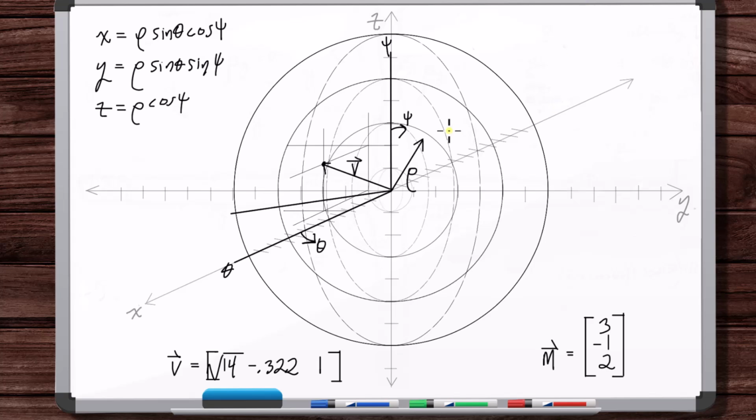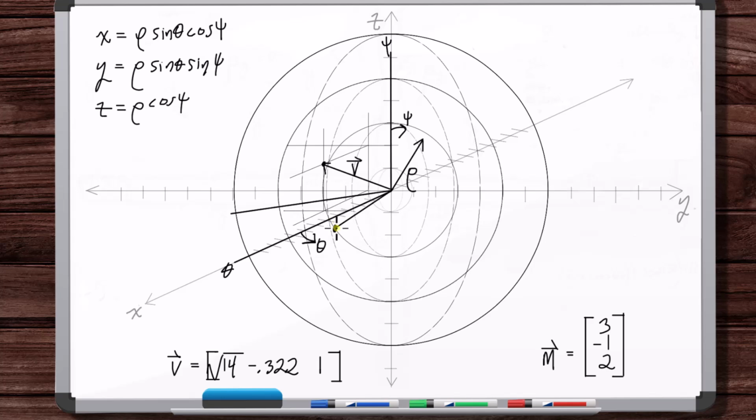And so that puts us at, we're on rho equal to 3. There's 90. There's 135. So right around here. This is theta, and this is psi, and we're fixed on this rho equal to 3. So that's it.